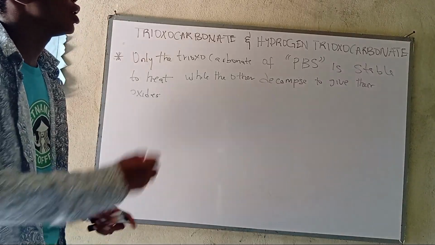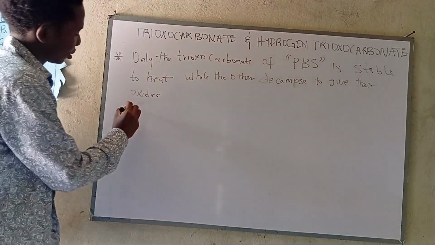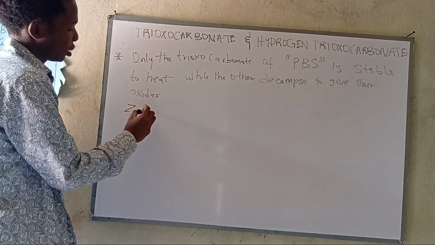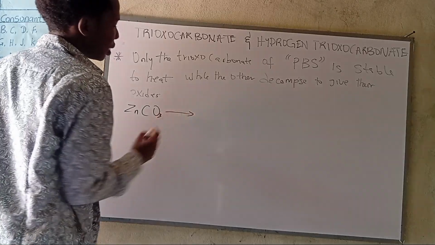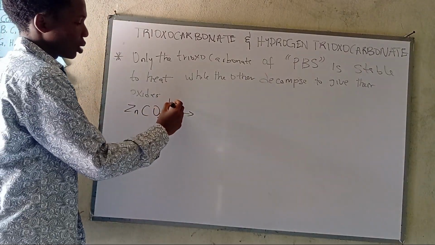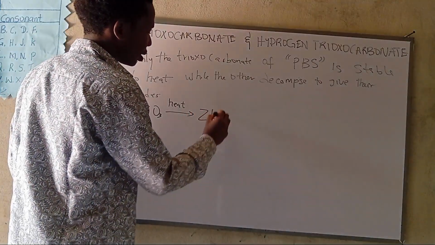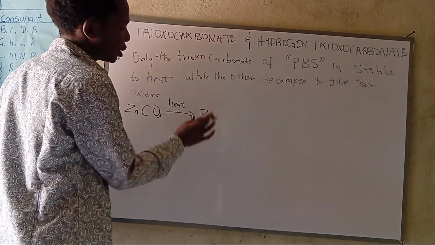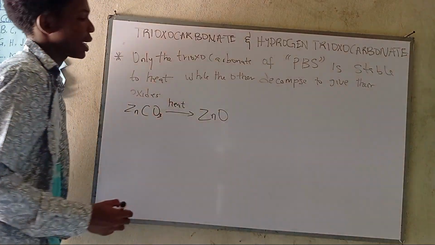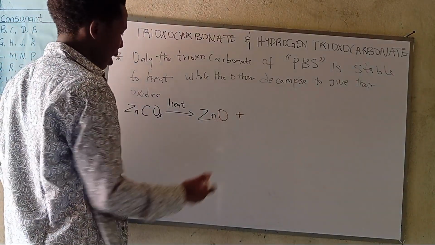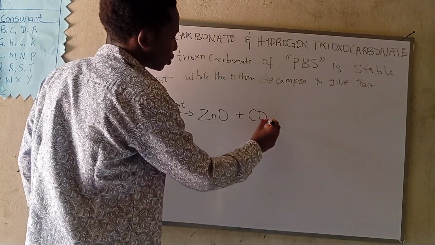Now, what do we mean that the others decompose to give their oxide? Like zinc trioxocarbonate: in the presence of heat, it will decompose to give zinc oxide, and it will give out what? CO2.